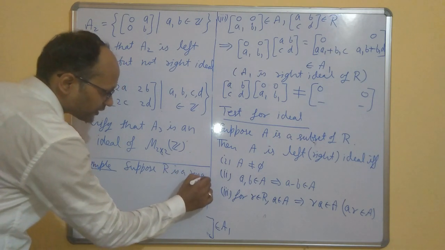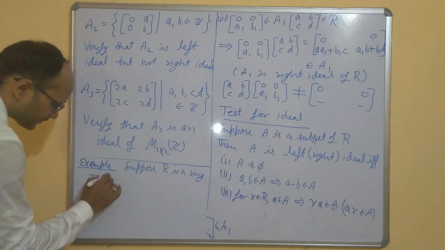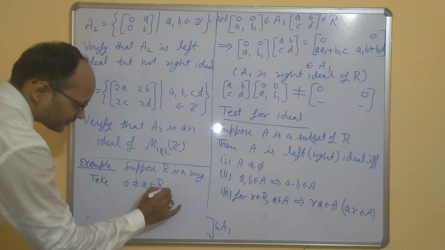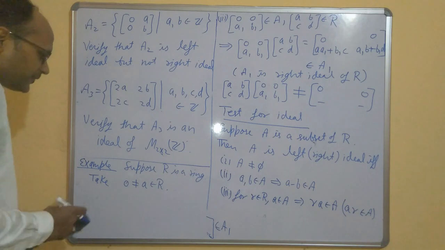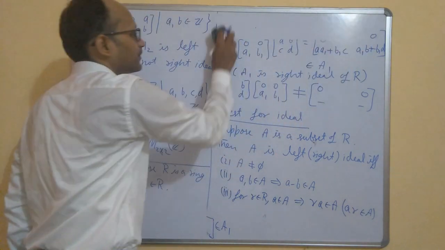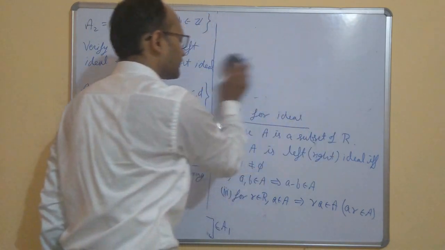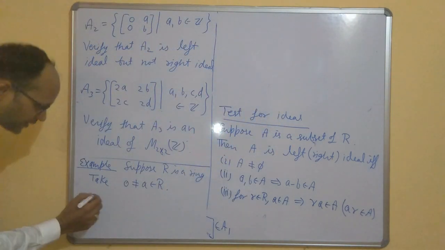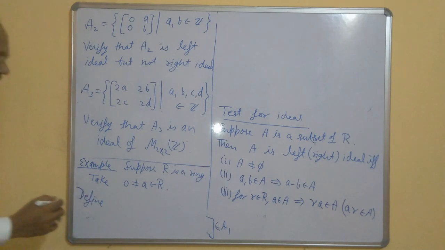I am not saying commutative, just a ring, and take a non-zero element A in R. Then let me define a set.